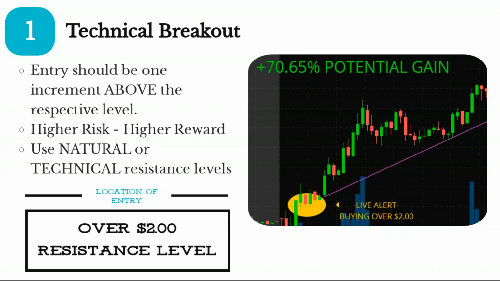And on the chart to the right, you can see what I mean by that. The live alert that I posted on this stock on this given day was buying over $2, which means I'm buying one increment above that respective $2 level. So in this case, my entry would be 2.01. It's important to not buy it at 2, because 2 is part of that resistance.